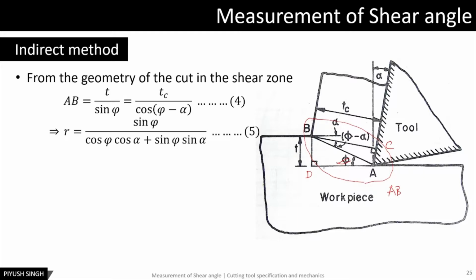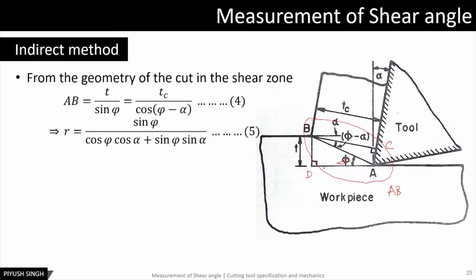So from this we can get r equal to sin phi upon cos phi cos alpha plus sin phi sin alpha. For this you need to recall what is cos(A minus B).